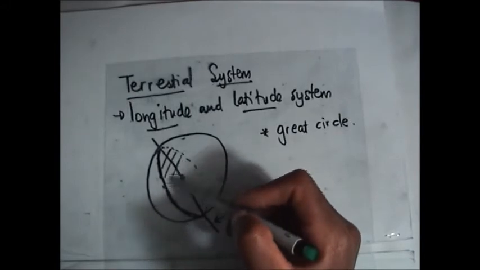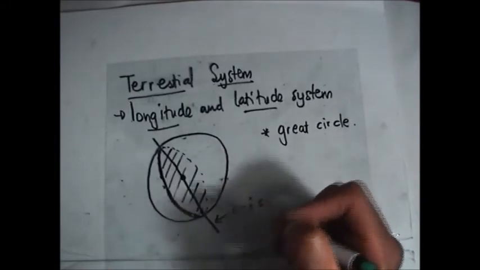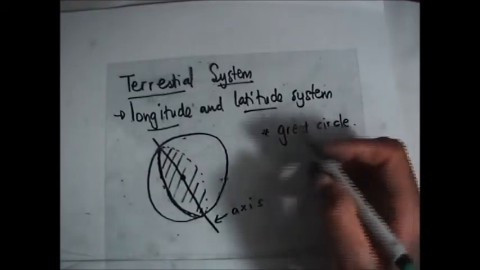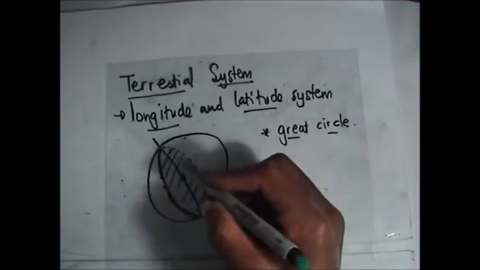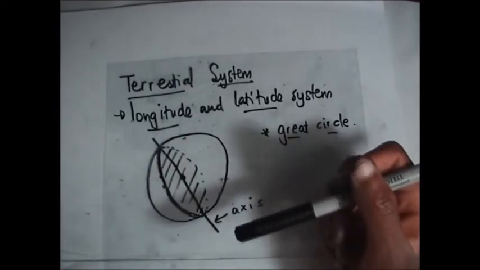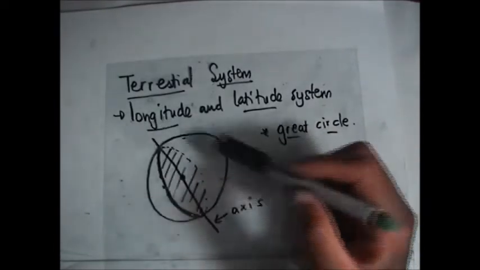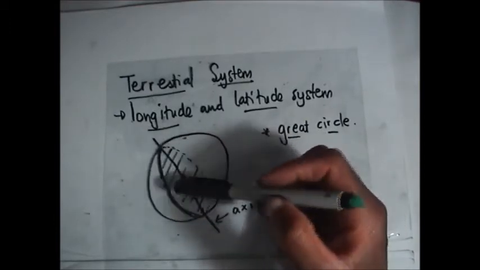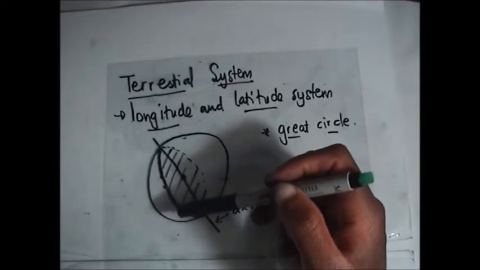makes a plane, and that plane that contains this axis is called a great circle. It is the largest circle you can come up with in a sphere. So now, this sphere obviously has a known radius.